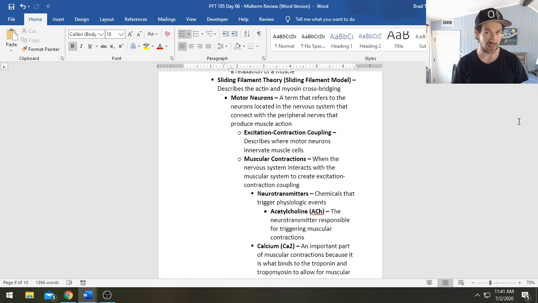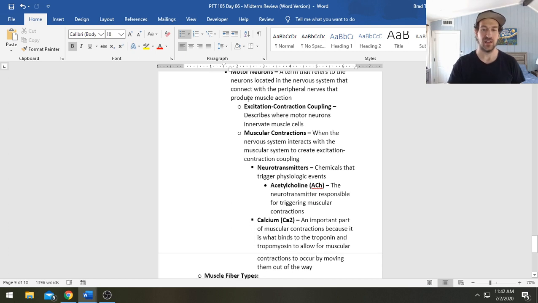Now, all of that is under the control of your nervous system, right? And so you have specialized nerve cells called motor neurons that are in charge of working with your muscular system. They're in charge of creating that contraction by zapping your muscles, basically. And so we have a thing called excitation-contraction coupling, which is where motor neurons are interacting with muscle cells, right? So nerve cells are interacting with muscle cells in order to create contraction.